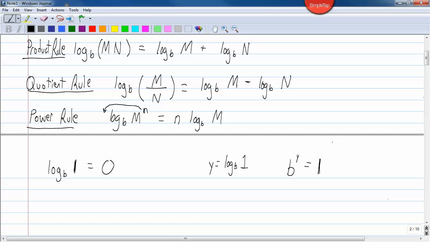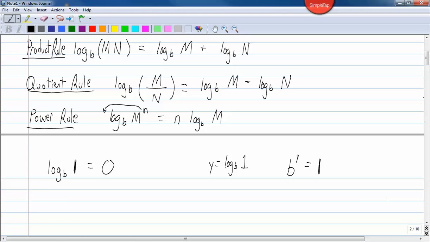And so when can you raise something to a power and always get 1? It's when y is equal to 0. Like x to the 0, 1 to the 0, 5 to the 0, all of those are equal to 1, right? And so that's why if you take log base anything of 1, you always get 0.